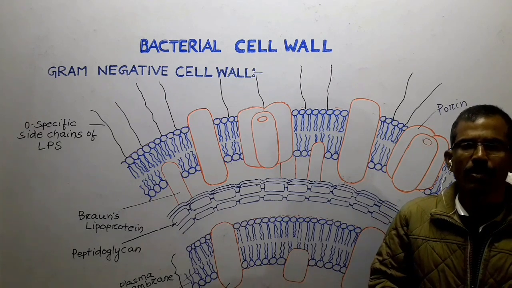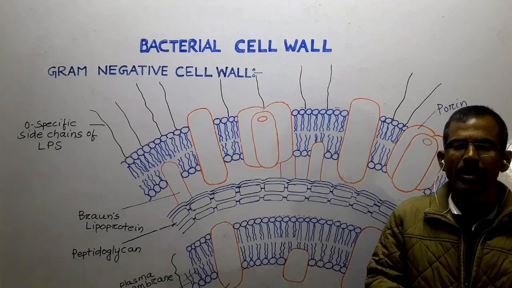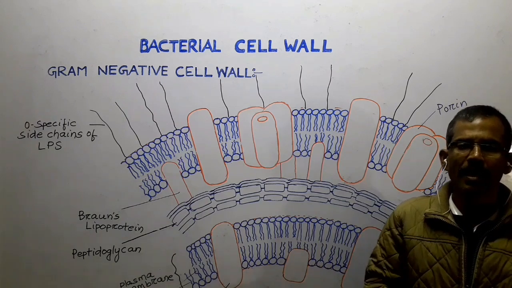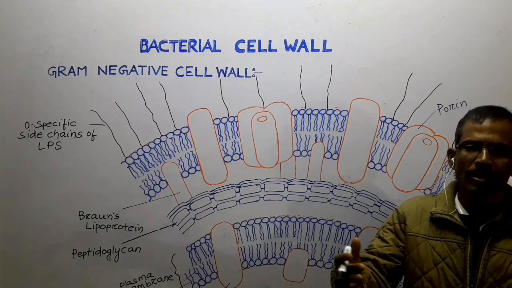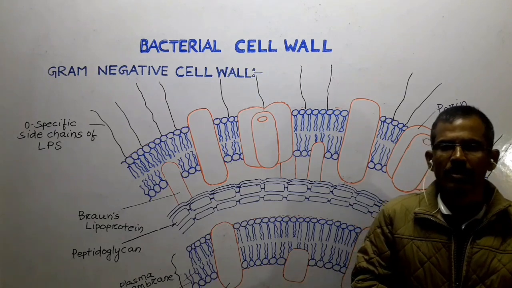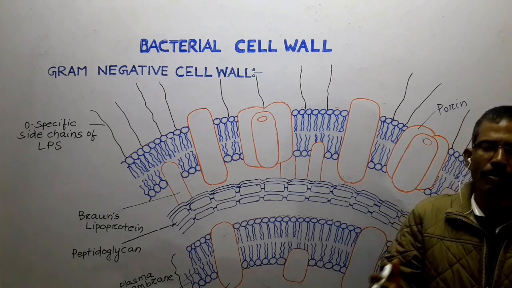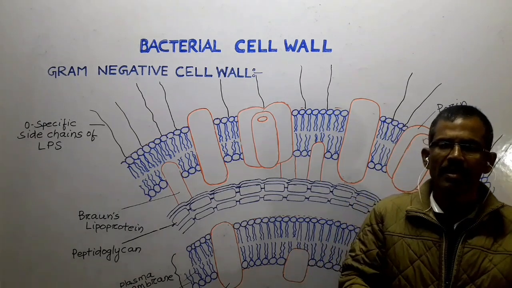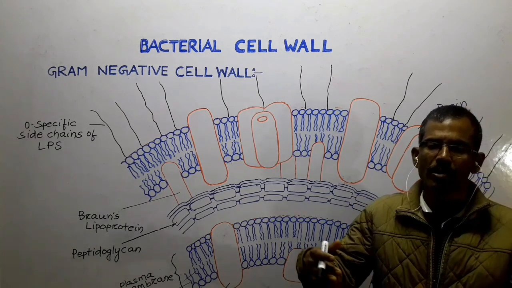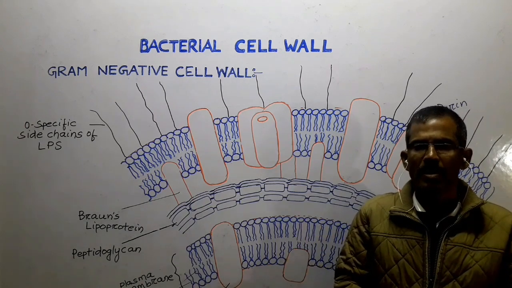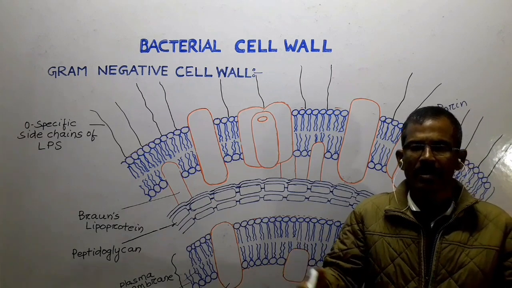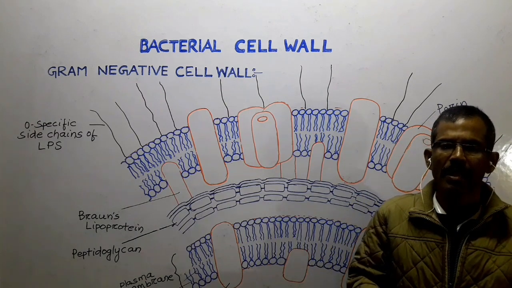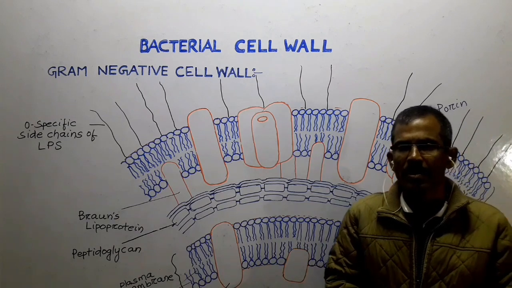In the case of E. coli, the width of the periplasmic space is 2 nanometer and it contains 1 or 2 sheets of peptidoglycan. The composition of the periplasm in gram-negative bacteria is strikingly different from that of gram-positive cells. The periplasm in gram-negative cells contains a variety of proteins and enzymes involved in various activities.